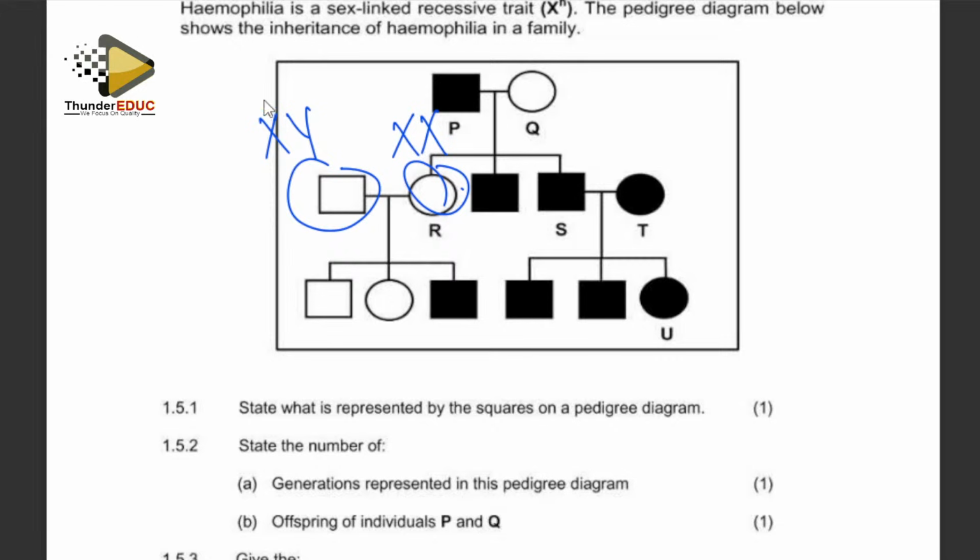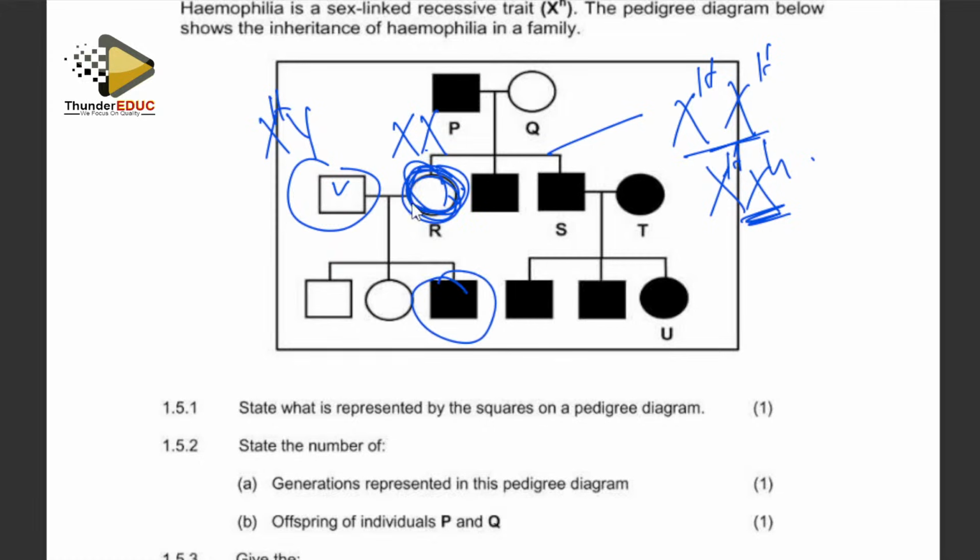The male, since he is normal, is X capital H, Y, while the female can either be X capital H X capital H, or X capital H X small h. So these two could be the genotypes, but they produce a kid who is sick. To know the genotype of the parent, you have to look at the kids.